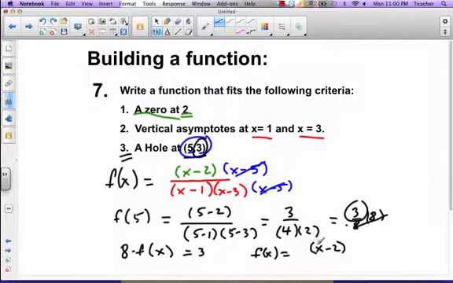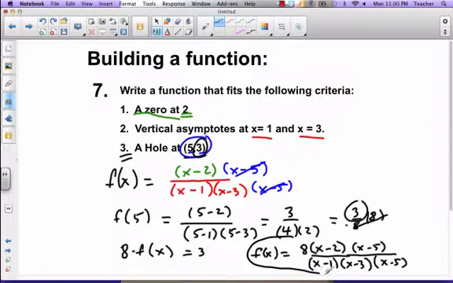Our denominator, to get the vertical asymptotes, has x minus 1 and x minus 3, and our hole of x minus 5 in the numerator and x minus 5 in the denominator. And then do not forget, so that we get the correct answer of the hole at 5, 3, we have 8. And that is building a function meeting those criteria.